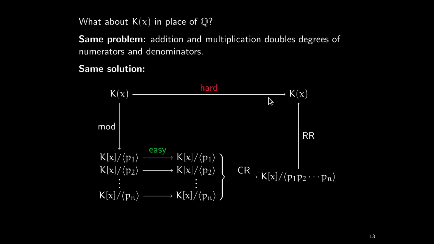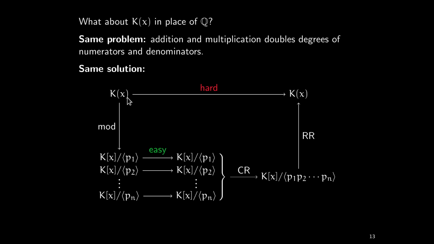The size in this case is the degrees of numerators and denominators. And that means, like before, that you can't get very far just by doing arithmetic in rational function fields. Sometimes there's no way to avoid it, but usually there is a way to avoid it, and it's the same solution as before.